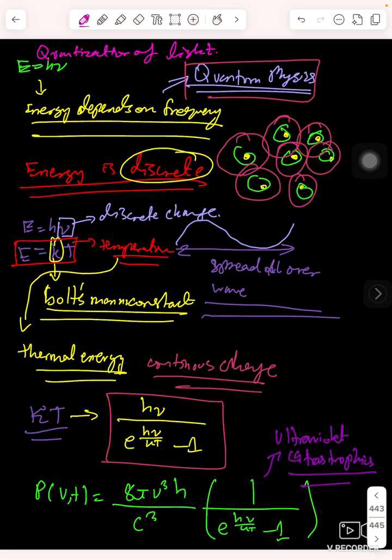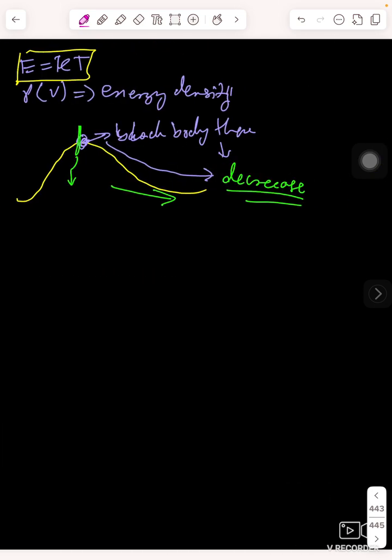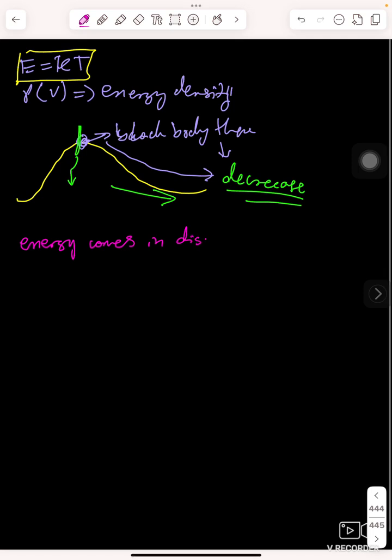It came after the black body radiation. Max Planck assumed that light works as individual packets. Einstein then improved on it with his photoelectric effect, showing that energy comes in discrete packets or units.